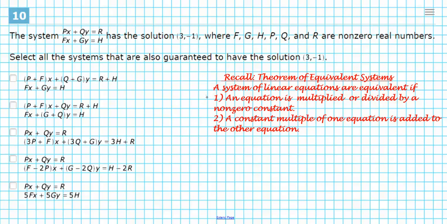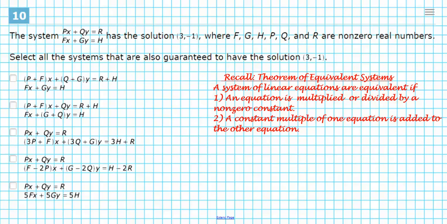Or if you have one of the equations and another equation that's a constant multiple of one equation added to the other equation, or both of them are a constant multiple of one equation added to another equation, then you still have an equivalent system, a new system with the same solution as the original one.